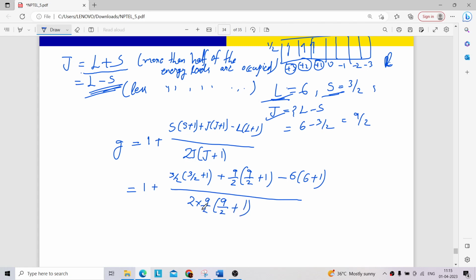Can you calculate and tell me quickly what is this value? Let me do this. If you can do this faster, just tell me the answer. 3 by 2 times 5 over 2, plus 9 over 2 times 11 over 2, minus 6 into 7, divided by 9 into 11 over 2.